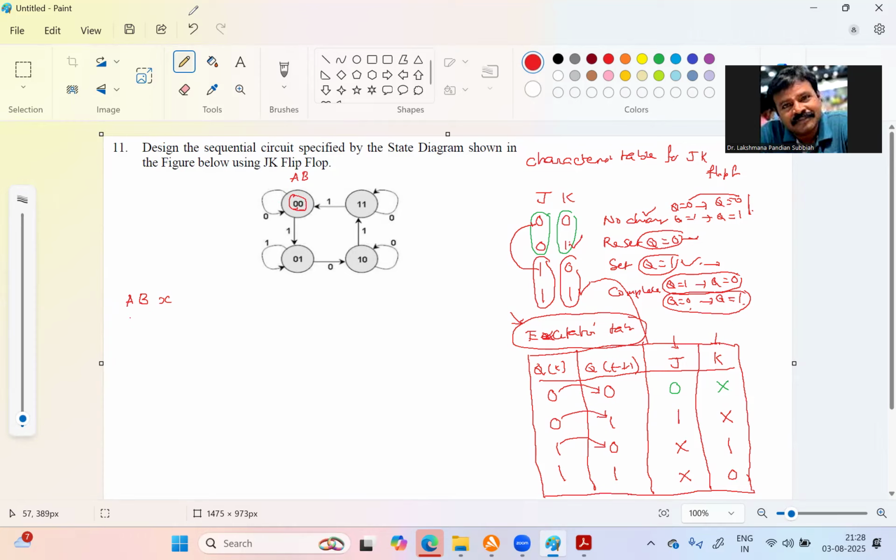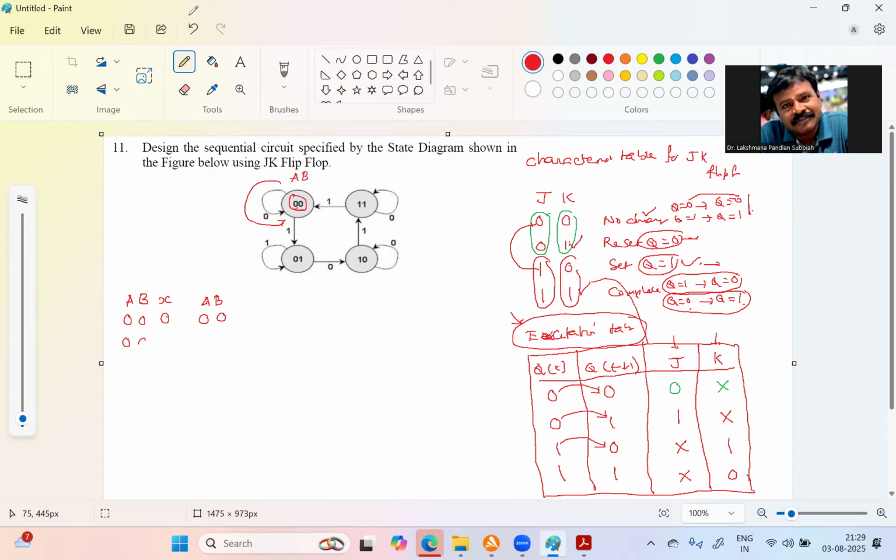From 0 0 by input 0, it will transit to 0 0 itself. This is one transition, right? So the next value of A and B is transit from 0 0 to 0 0.